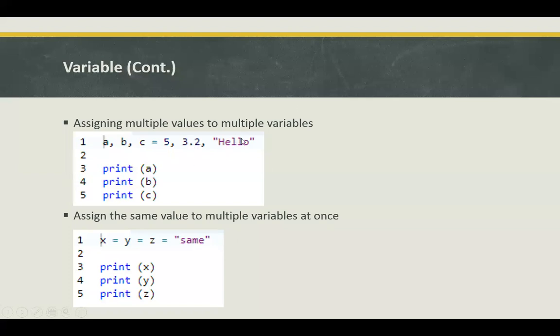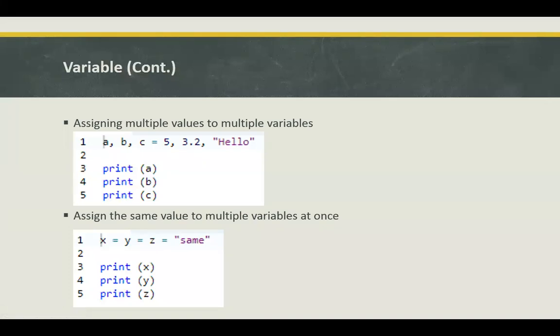And in C, it is a character value, but here we consider it as a string, right? And if I print here, automatically the Python interpreter will consider it as an integer data type, a float data type, a string data type. Automatically, your Python interpreter will consider the respective data type.